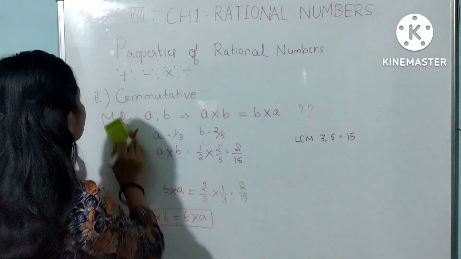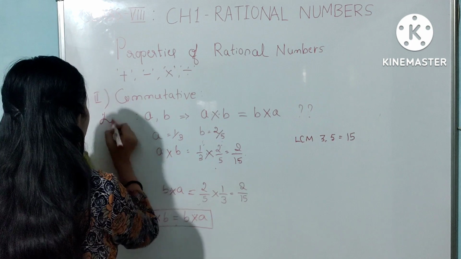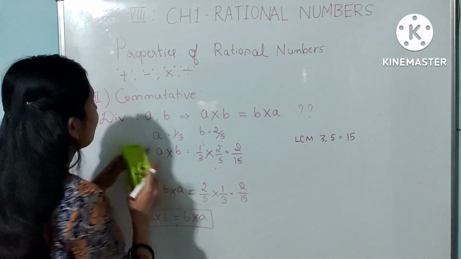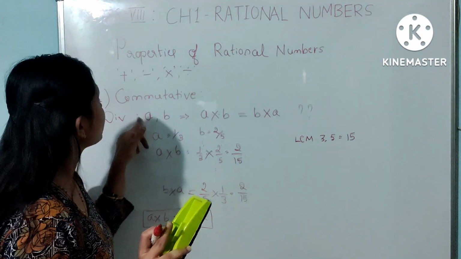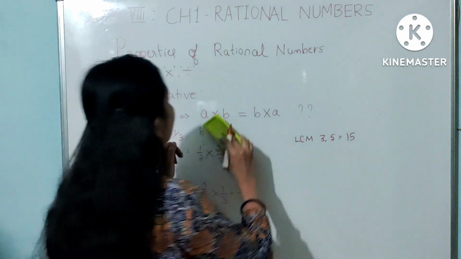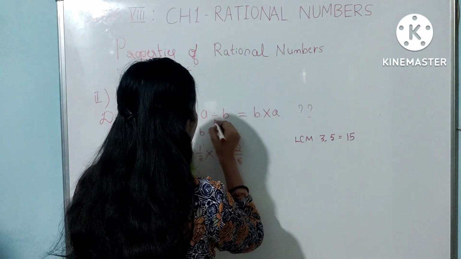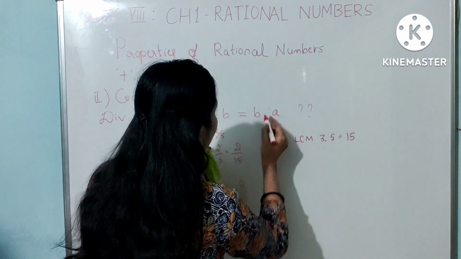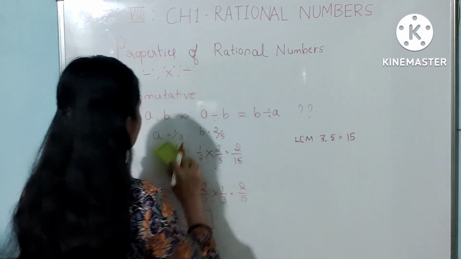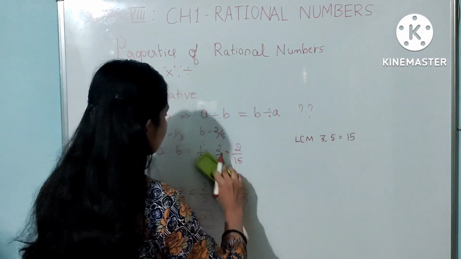Okay. So the next one is division. For given two rational numbers a, b, whether a divided by b is equal to b divided by a or not. So we'll check.